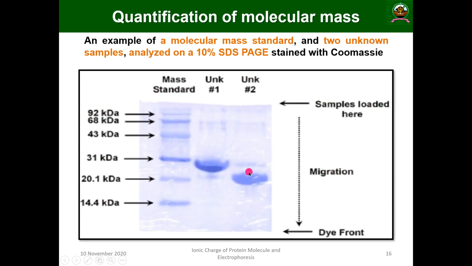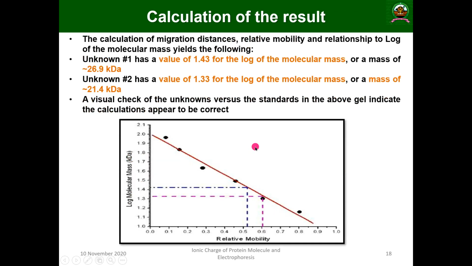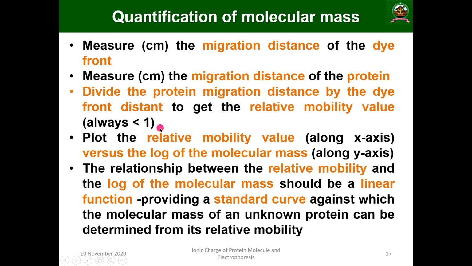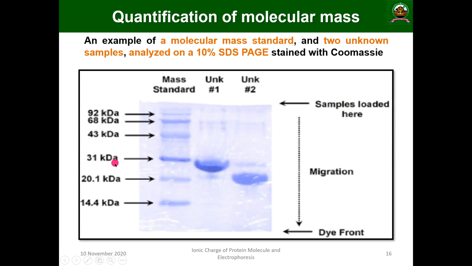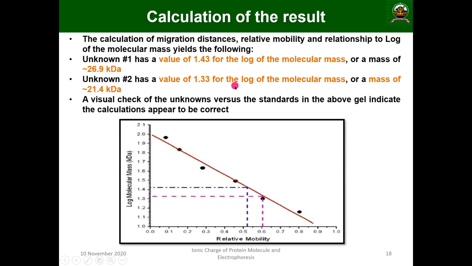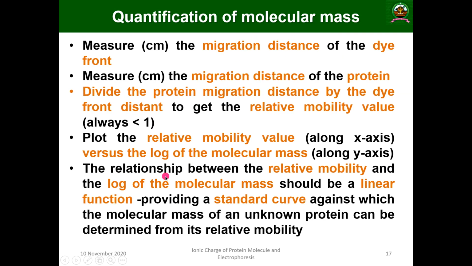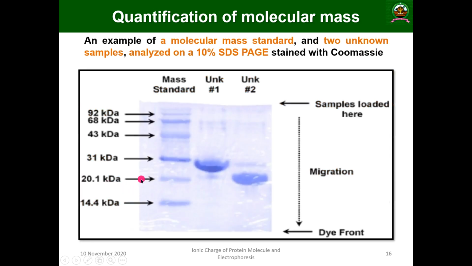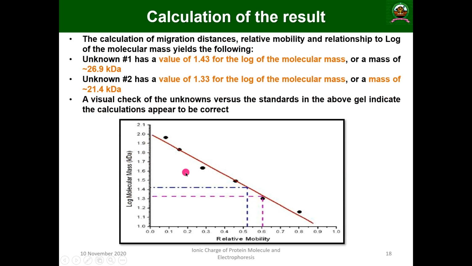This is protein sample 2. Here you can see this is the unknown protein sample. It is approximately 26.0 kilodalton when comparing with this one, but above 20.1 kilodalton. Then the second one is about 21.1 kilodalton. Like that you can compare.